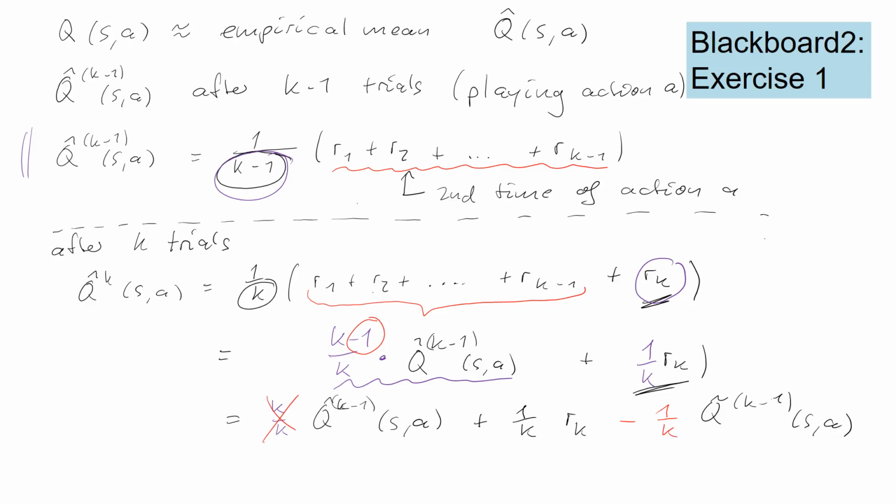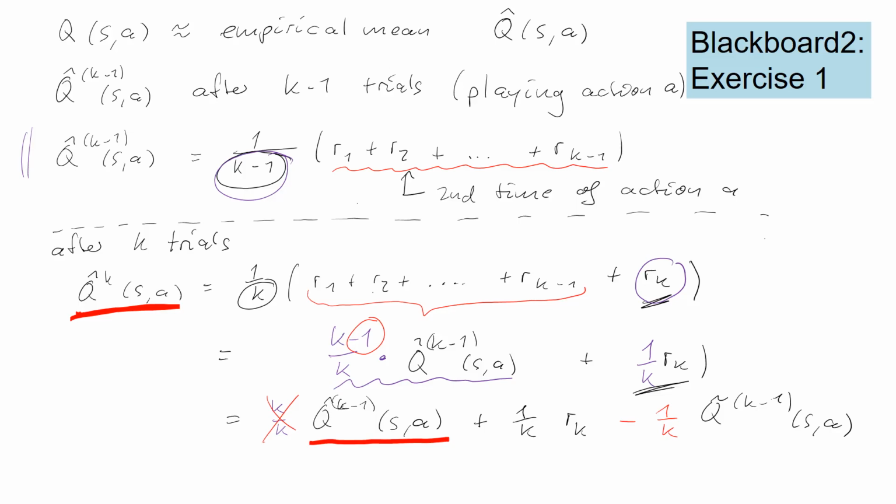So now let's compare. On the left hand side I have Q of SA after K trials. Here I have Q of SA after K minus 1 trials. So if I subtract those two, I just get the difference.